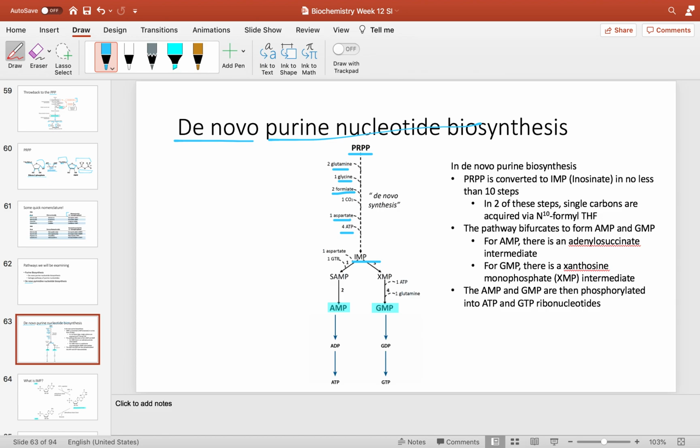Now, once you form IMP, this is where the pathway will bifurcate. Remember, this is purine metabolism, so the 2 purines are adenosine and guanosine. At the bifurcation, we'll be forming adenosine on the left and guanosine on the right. Actually, sorry, adenylate and guanylate in this case because of the phosphate.